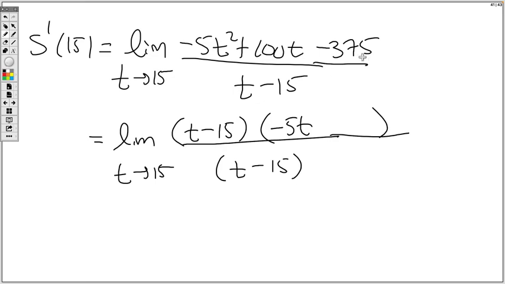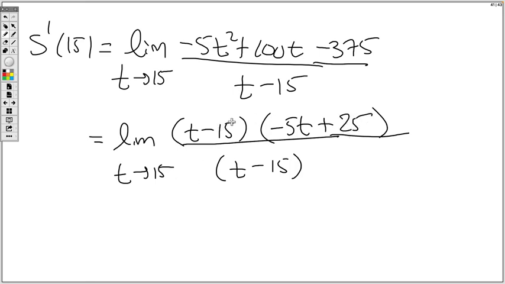Okay. And what would you have to multiply to get to the negative 375? What's 375 over 15? What's that? 25.